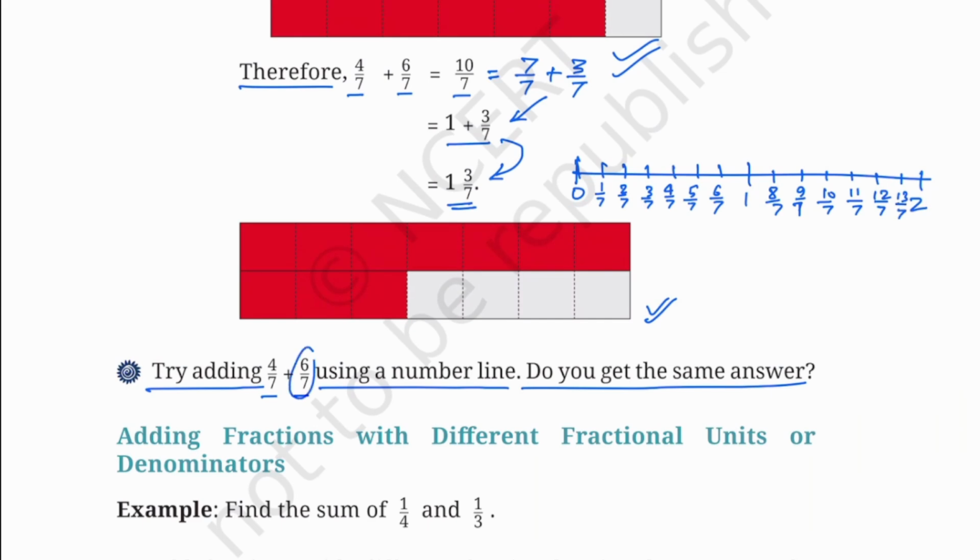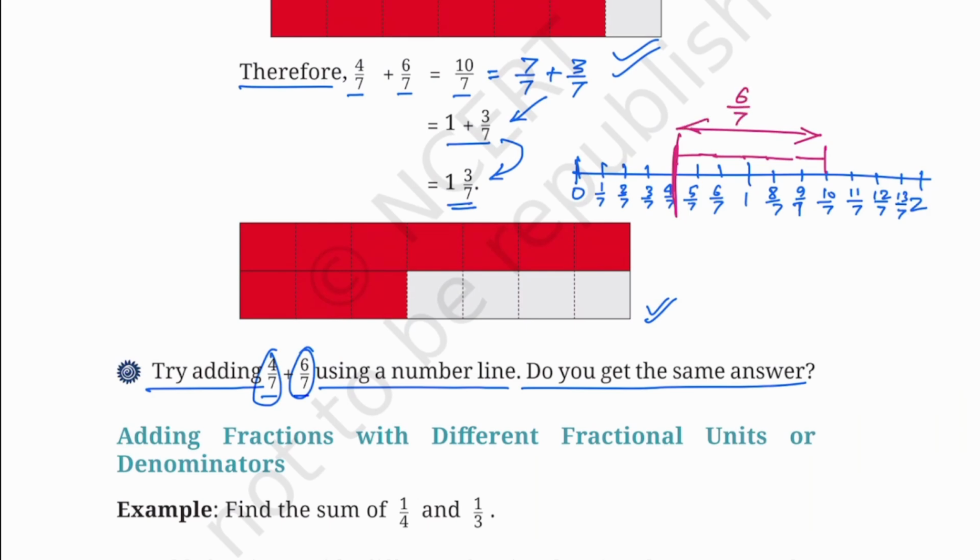You have to add 6 upon 7 to 4 upon 7. 4 upon 7 is here. 1, 2, 3, 4, 5, 6. This portion is 6 upon 7.